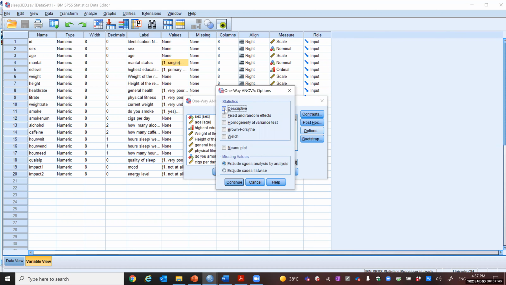But if you're interested in descriptive statistics of your variable, you can check that. There are other options like the homogeneity of variance test, Levene's test. Let's ask SPSS to give output on homogeneity of variance, and click Continue.